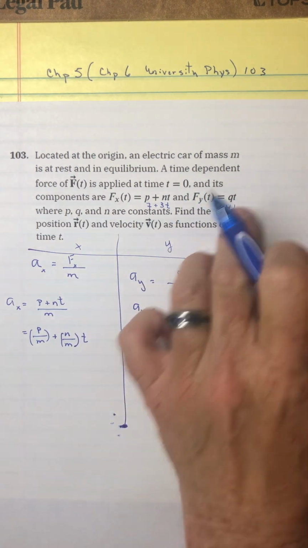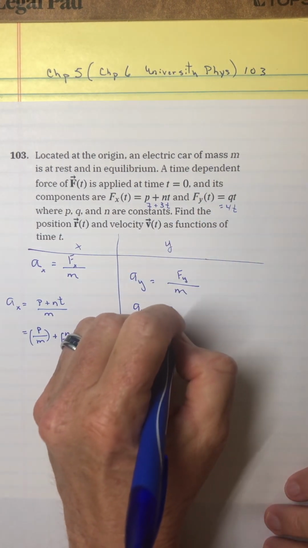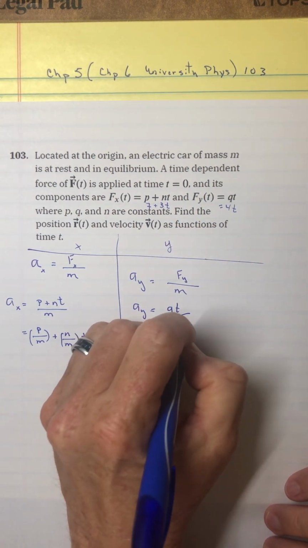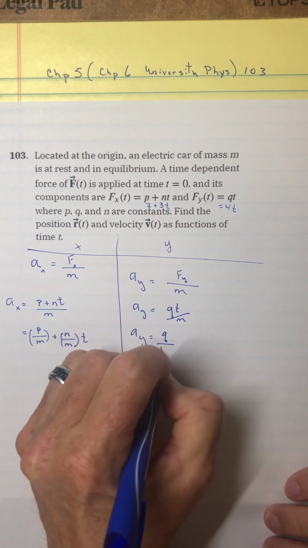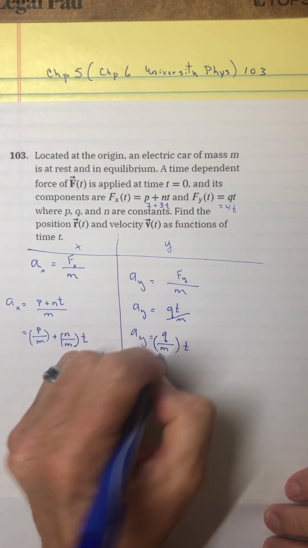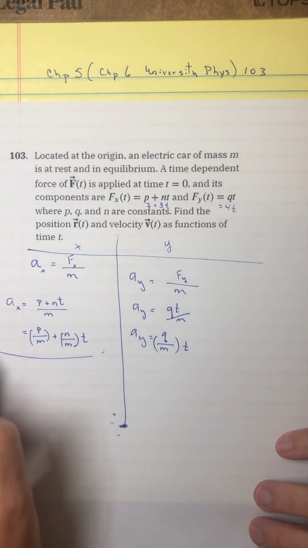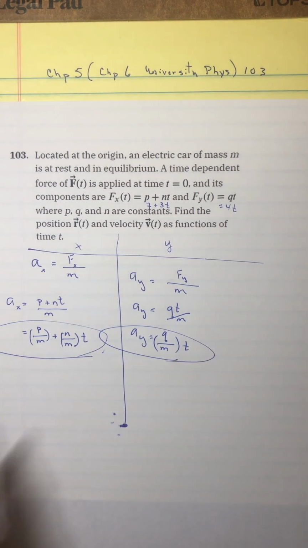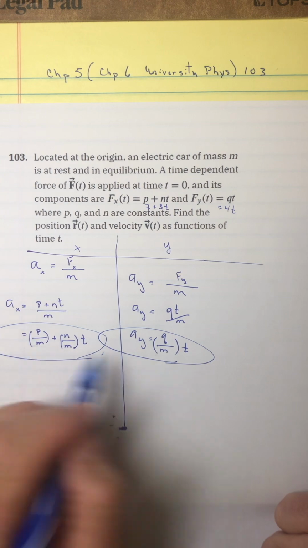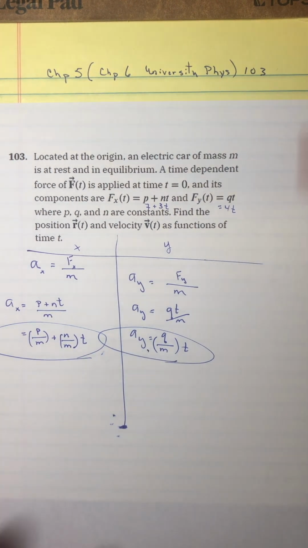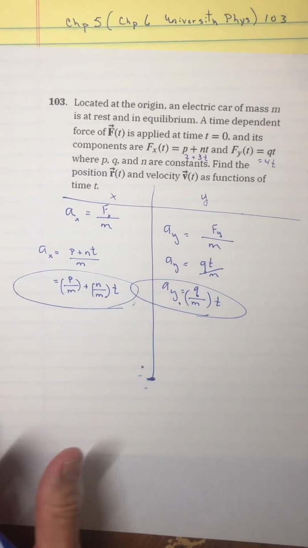And in the y direction, I can do the same thing. So this is q times t, and then divide by m. And so I'll just write it as q over m times t. Maybe I'll put a little circle around that. So this is the acceleration in the x direction, and this is the acceleration in the y direction.